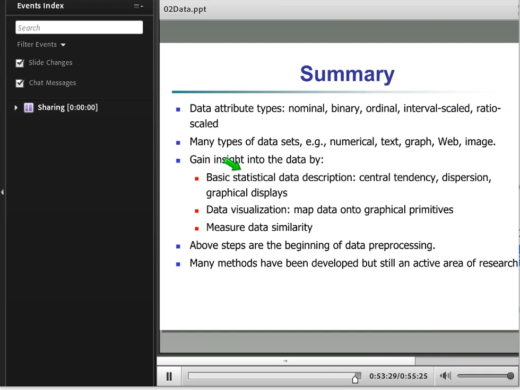For example, finding types of attributes, finding its primary statistics, finding similarity or something like that, presenting its data in graphs or different charts or something like that. I will give you this assignment in the LMS very soon.